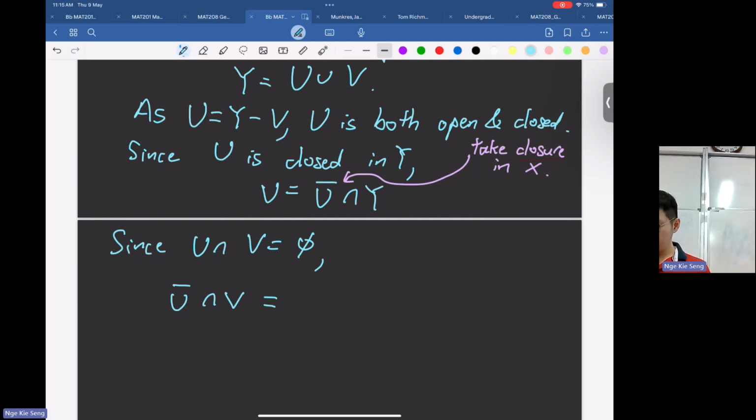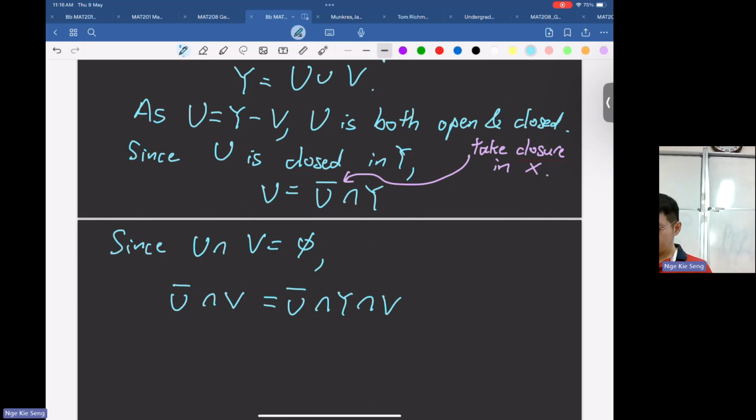This intersection here really equals U bar intersect Y intersect V. Is it true? True, right? Because V is in Y. So if you want to lie in V, you must be lying in Y.